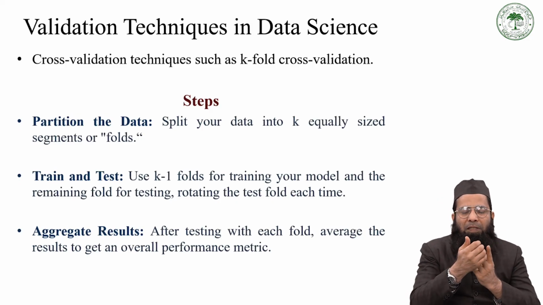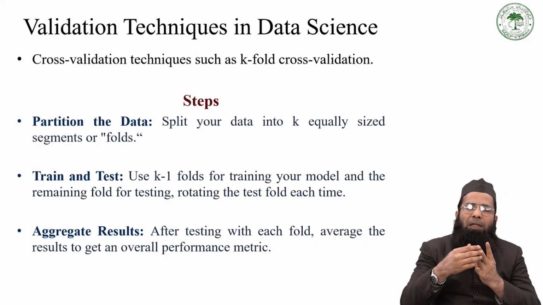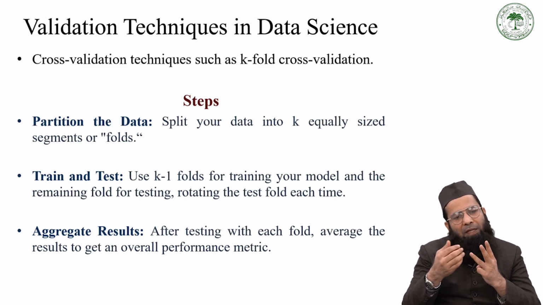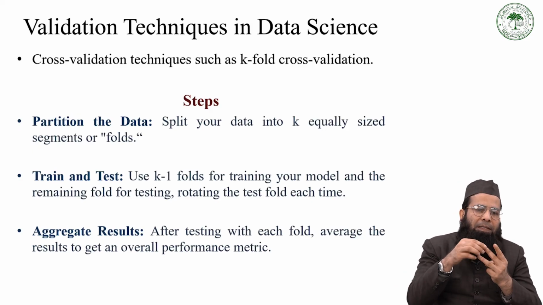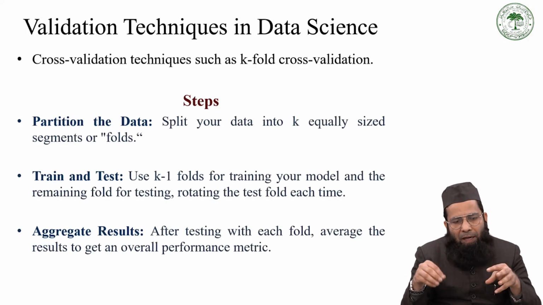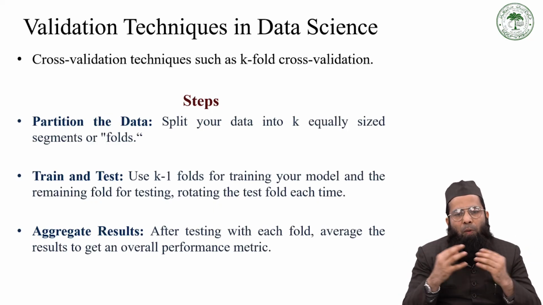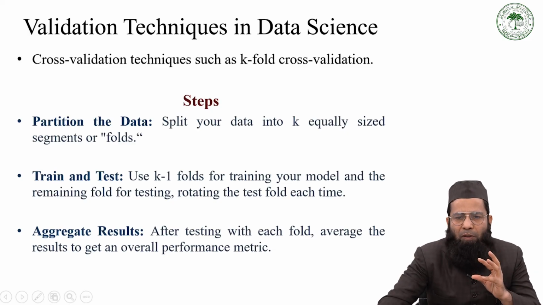First and second will be used for training, the third for testing. Then second and third for training and the first for testing. Similarly, first and third for training and the second for testing. In this way we rotate it, and finally after testing with each fold, we average the results to get an overall performance metric. This is how k-fold works.